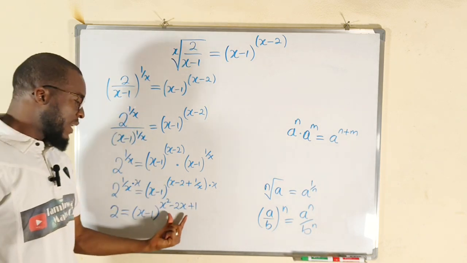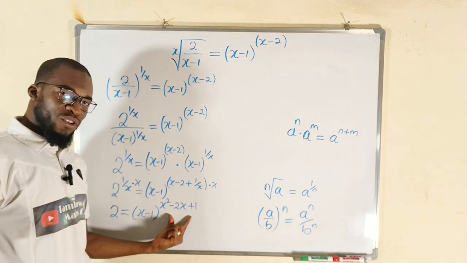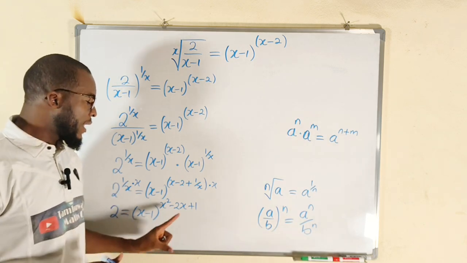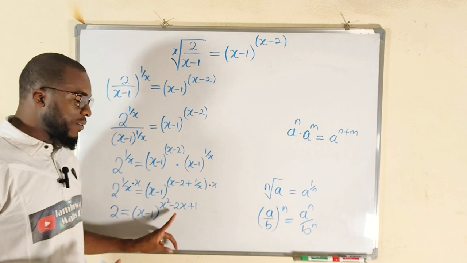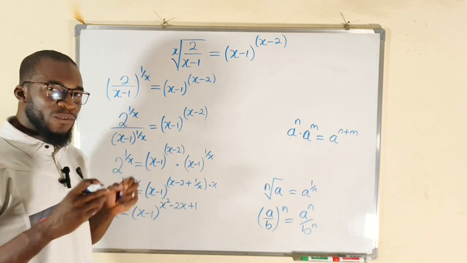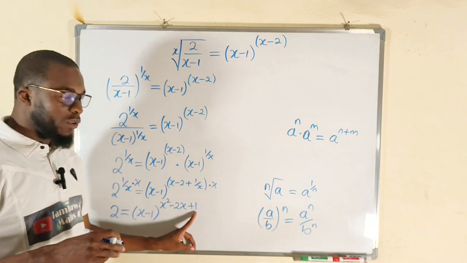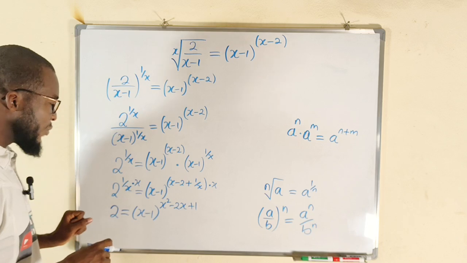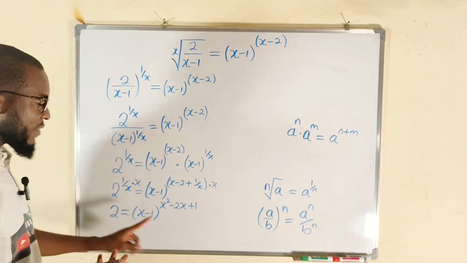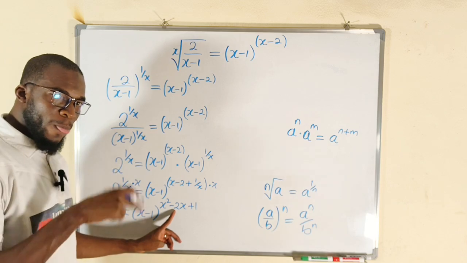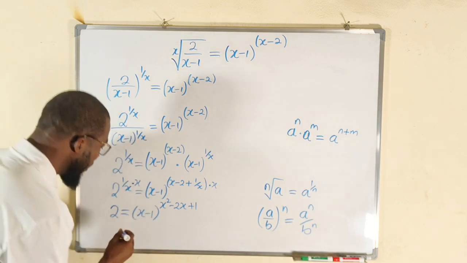If you observe, this is a quadratic expression, a perfect square quadratic expression. Why? Because the coefficient of x is negative 2. Half of that gives us negative 1, and if you square negative 1, you get positive 1. Hence, we say that this is a perfect square quadratic expression, which can be factorized as x minus half of this, that is negative 1, all squared.